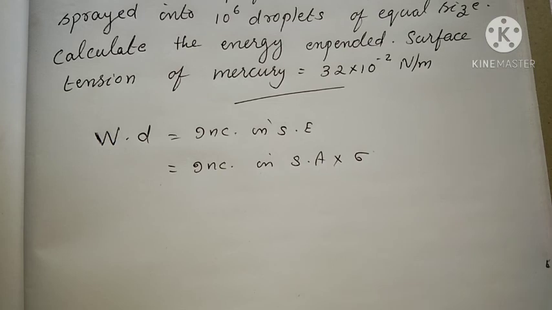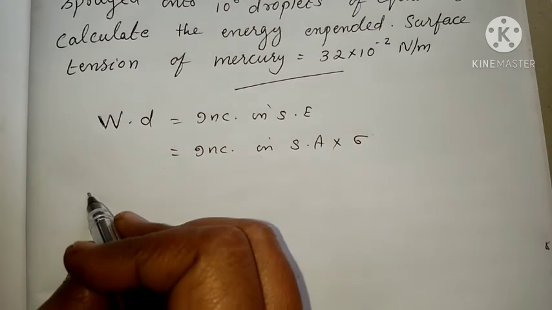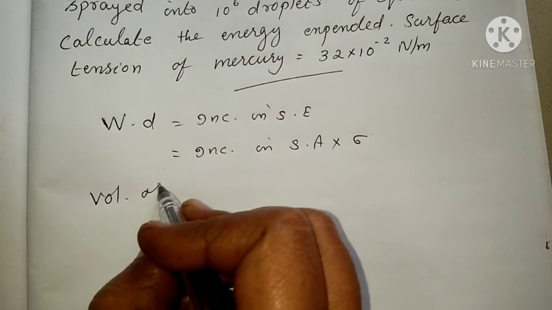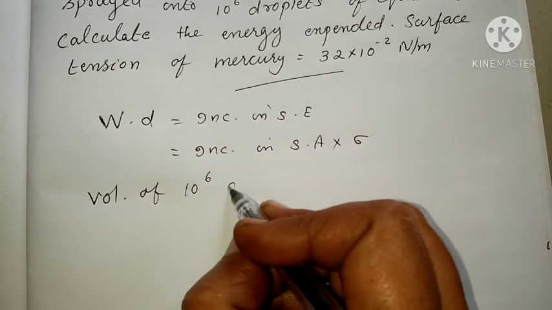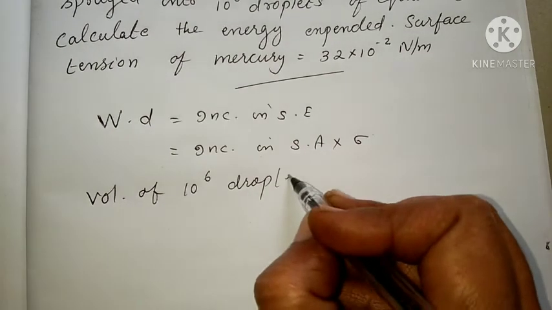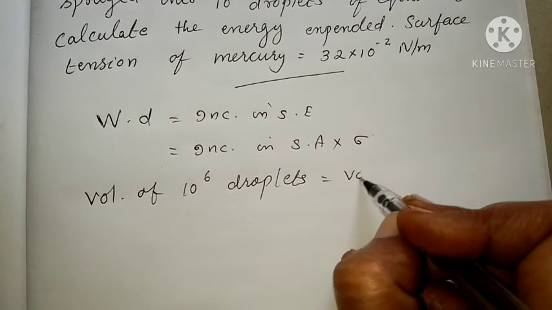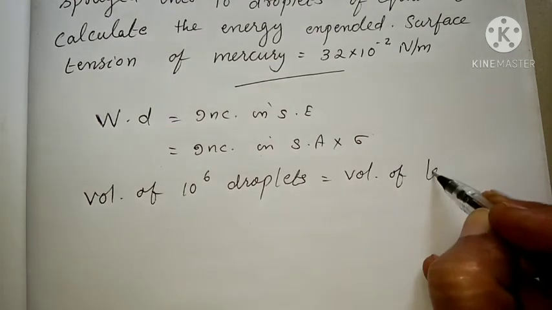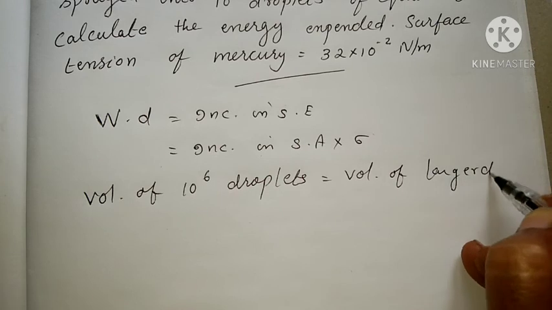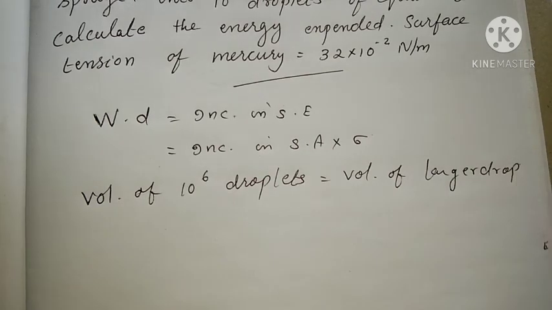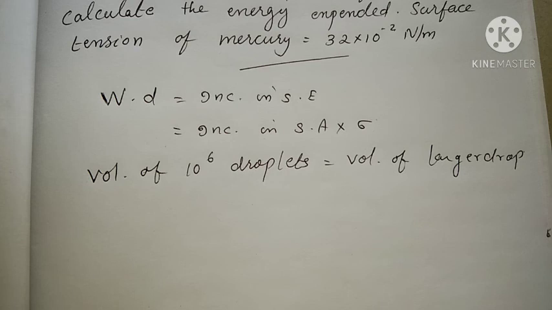Okay, so first we can write volume of 10 raised to 6 droplets is equal to volume of larger drop, because larger drop is sprayed into 10 raised to 6 droplets of equal size. You want to find out how much work done is used to change the larger drop into 10 raised to 6 droplets. So that is equal to the energy expended.